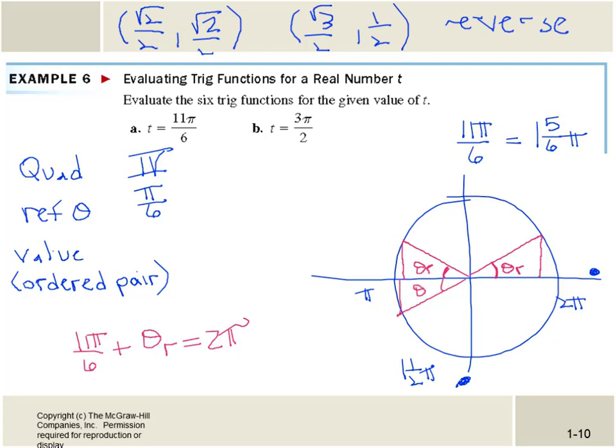If the angles are the same, doesn't that make the triangle have the same base and height? So if they have the same base and height, then these points are the same. They're just positive and negative depending on which quadrant you're in. Okay?